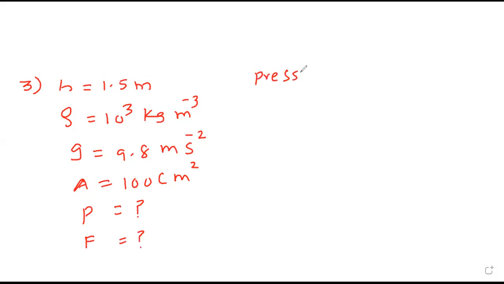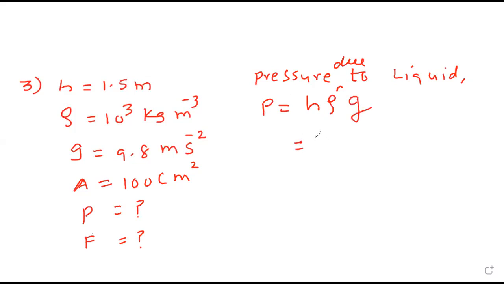Pressure due to liquid is given by height of liquid into density of liquid into acceleration due to gravity. So 1.5 into 10 raised to 3 into 9.8. 15 into 8, 120, carry 12. 15 into 9, 135 plus 12, 147.